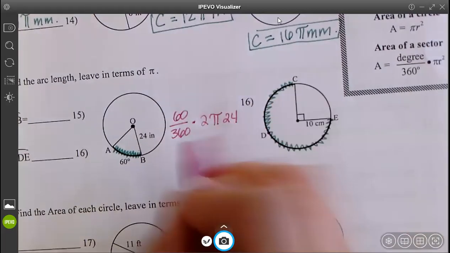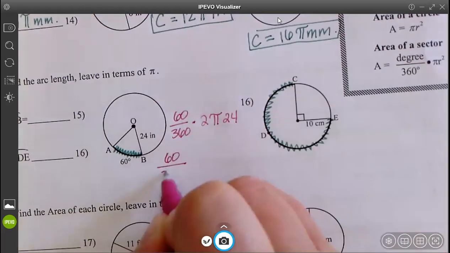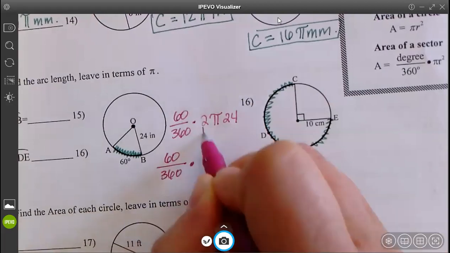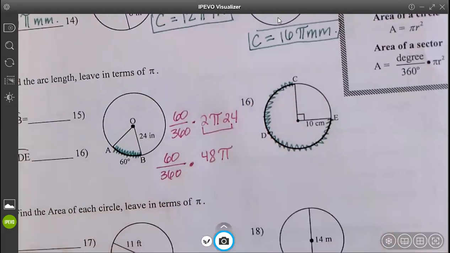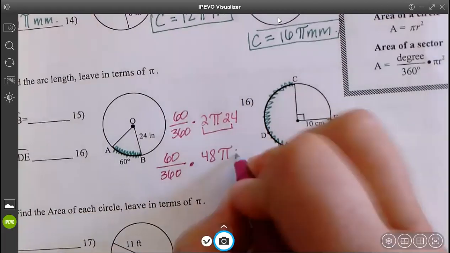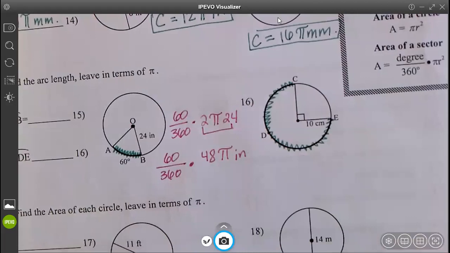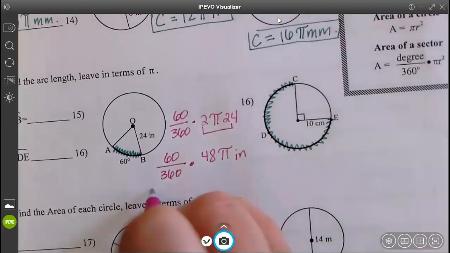So I would change this to 60 divided by 360 times, and I can multiply these two together to get 48 pi. And then the rest, and we're talking inches, I would just plug right into the calculator. So I would do 60 divided by 360 equals, and then multiply that times 48, and I'm getting 8 pi inches.